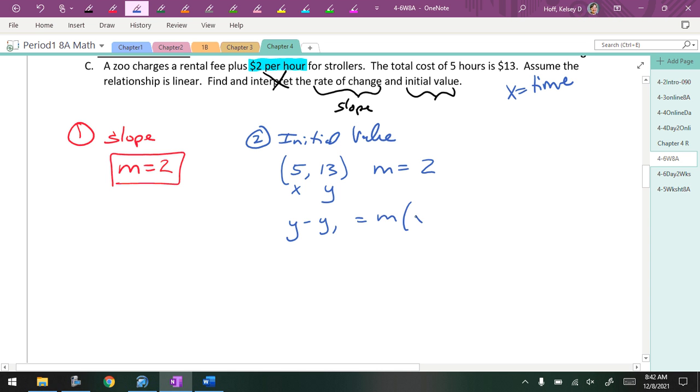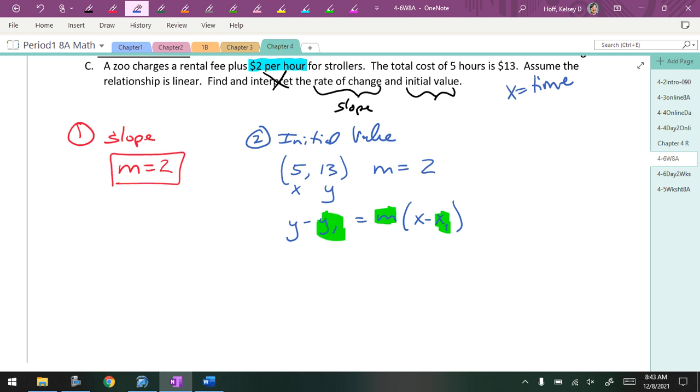On your own, fill out this equation. You don't have to do anything else, but fill in your y1, your m, and your x1 on your own.